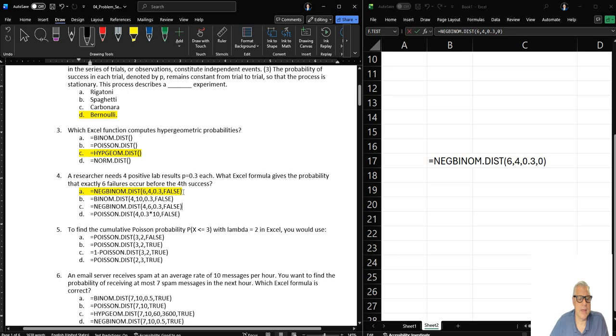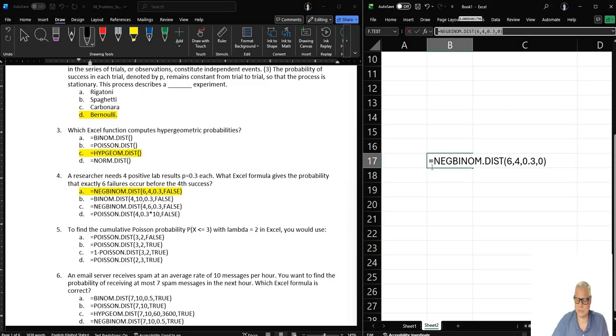5. Find the cumulative Poisson probability for x equals 3 or less with lambda 2 in Excel. So we would use equals Poisson.dist. 3. What's the mean?